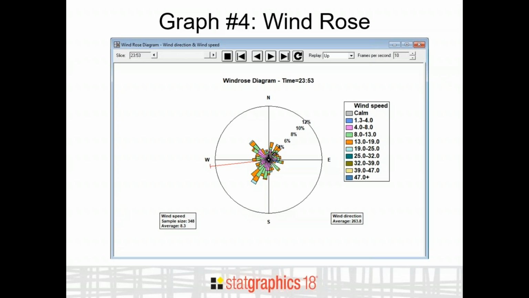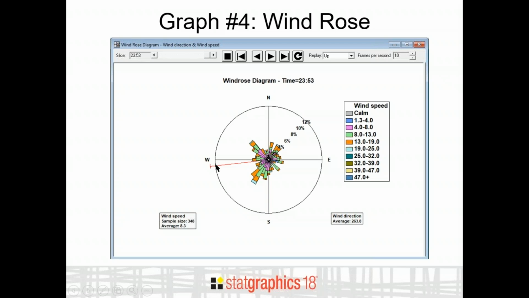minutes before midnight. Now you can see that the most frequent directions that the wind was coming from at Midway was from the south-southwest. That was fairly frequent, and also sometimes from the northwest. Rarely was it coming from the east, at least during 2018.